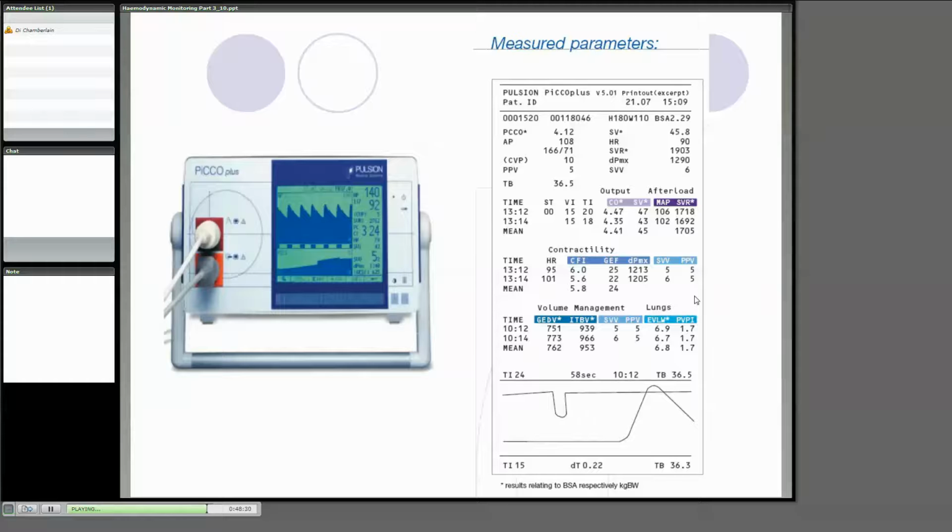It does a cardiac function index, which gives you a measure of contractility, which is very useful. Further down, it does global end diastolic volume and intrathoracic blood volume, and your extravascular lung water number. They're all really useful things.